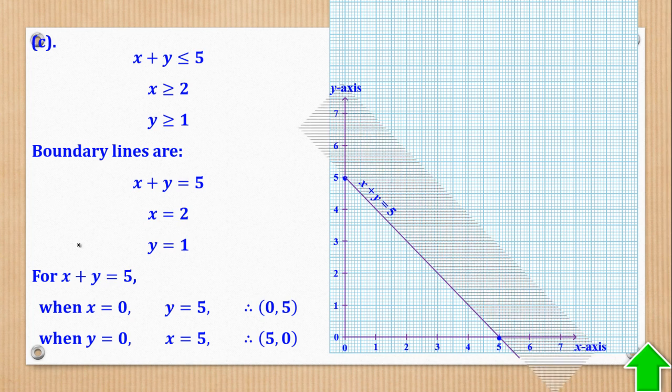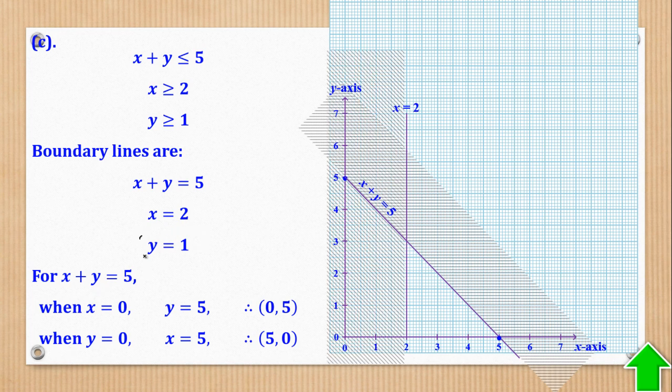Okay, then I've got the next, x equal to 2. X equal to 2 is the vertical line through the coordinate of 2. Then I also compare the side, x should be greater than or equal to 2. So what is wanted is greater than, meaning what is not wanted is the less than, so I'll shade the less than.